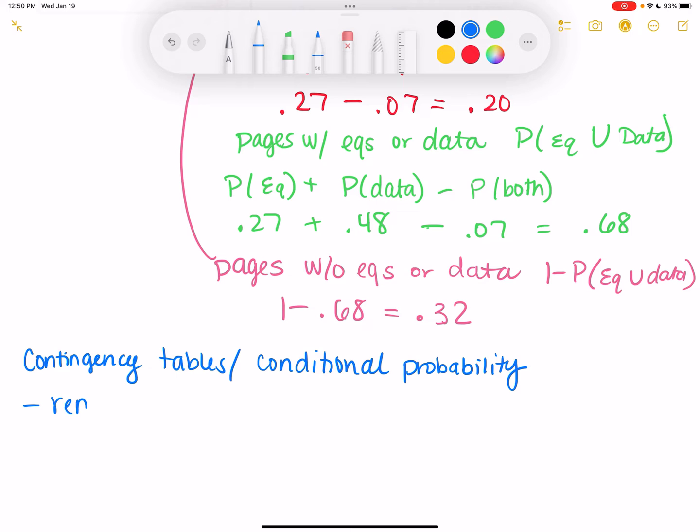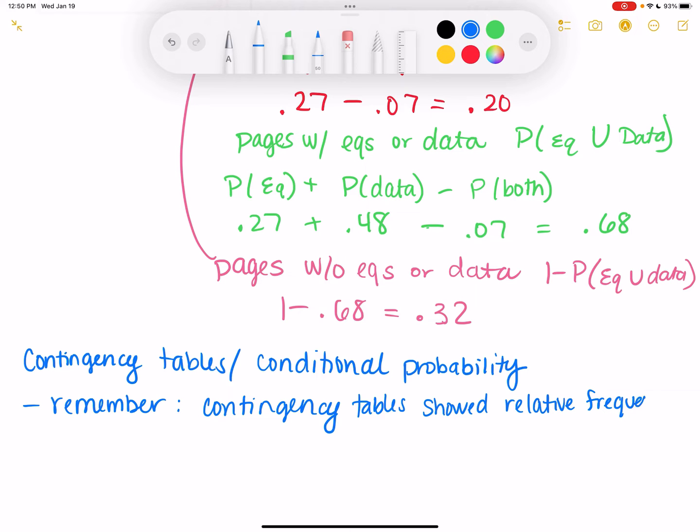So remember, contingency tables showed relative frequency, isn't that the percent one, and conditional distributions.